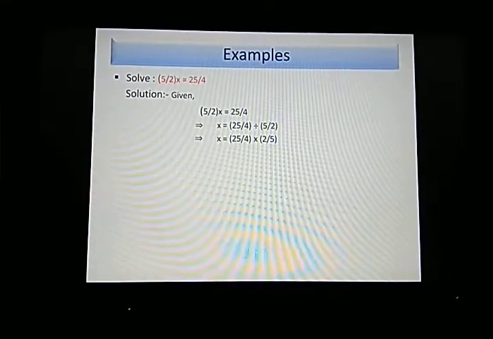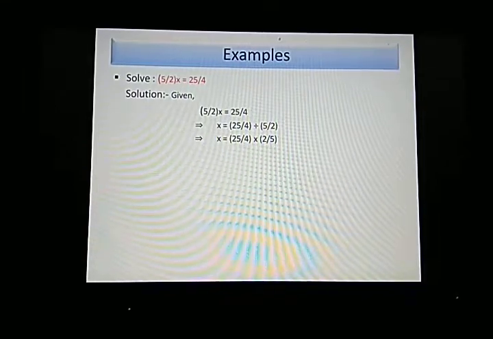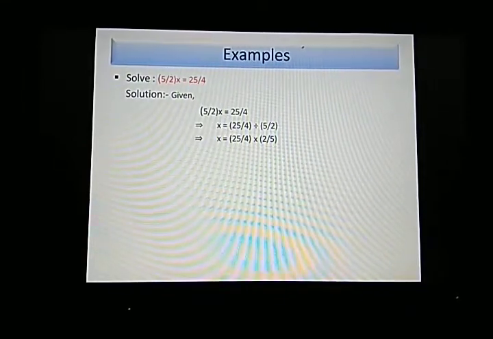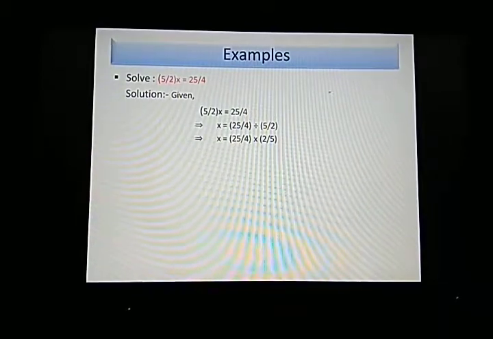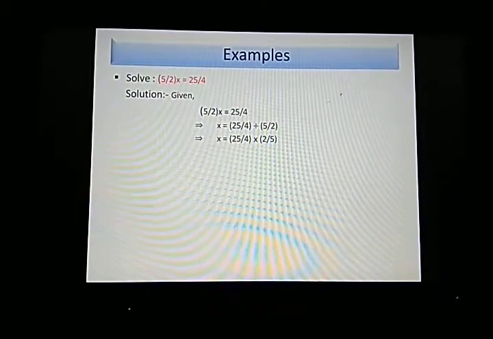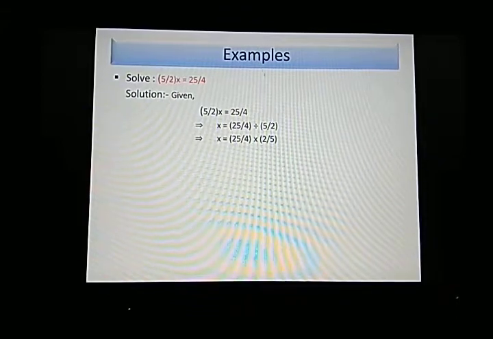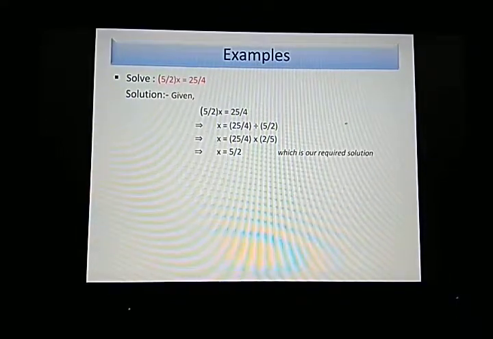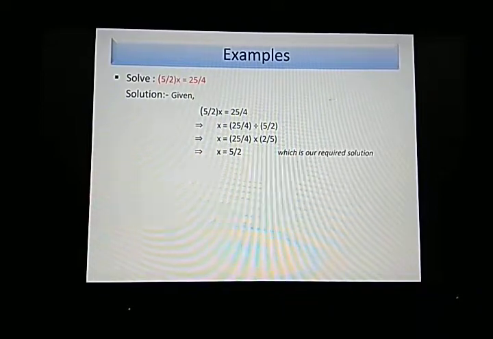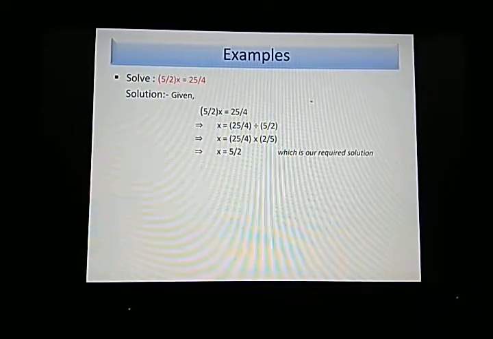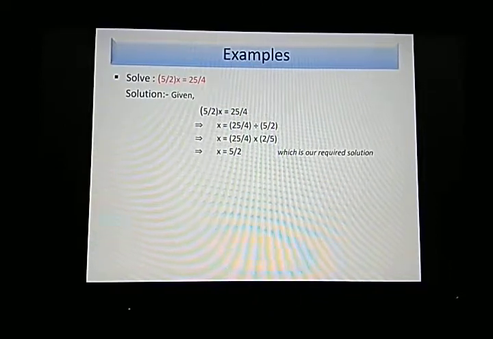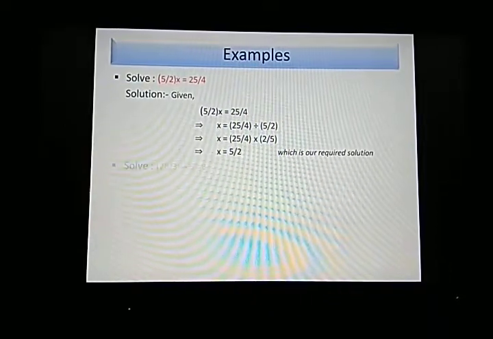So we have taken the reciprocal of it. Then simple cancellation we can do. 4 we can cancel by 2, that will give us 2, and 25 we can cancel with 5, that will give us 5. So the resultant solution will be 5 by 2. So this 5 by 2 is our required solution. Now moving on to the next example.